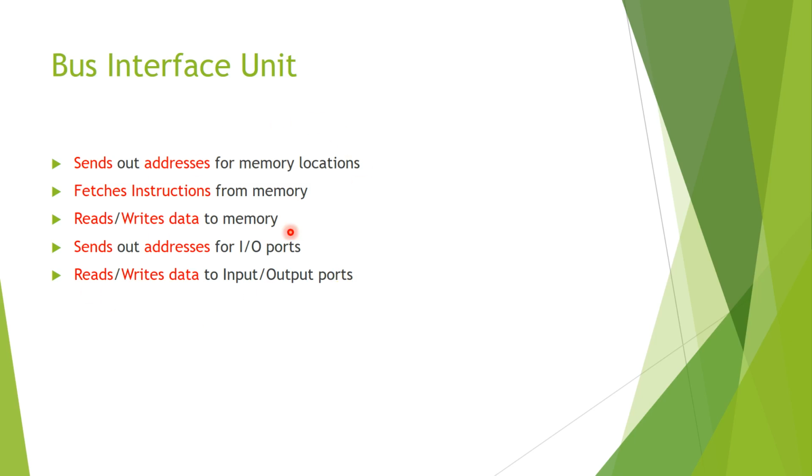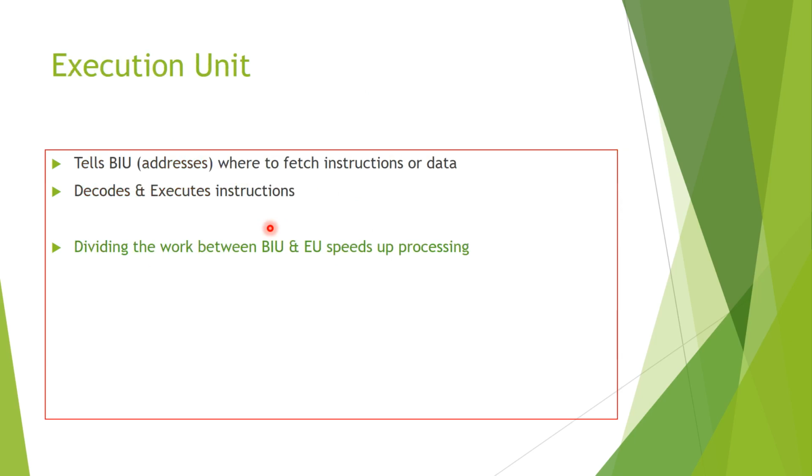So all the communication with the external device will be done by this BIU. Then the execution unit will tell the bus interface unit from where we have to fetch the instruction or the data.